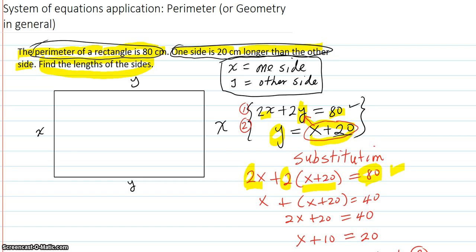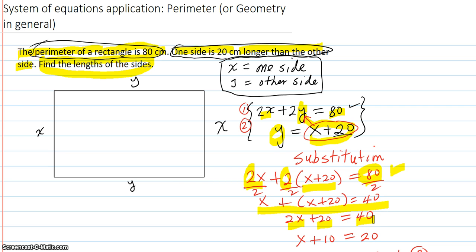And that results in the equation here. See, 2x divided by 2 is x. 2 divides out, cancels, and you're still left with x plus 20. 80 divided by 2 is 40. So then you add x plus x is 2x plus the 20 is 40.